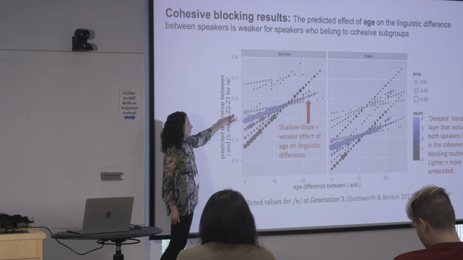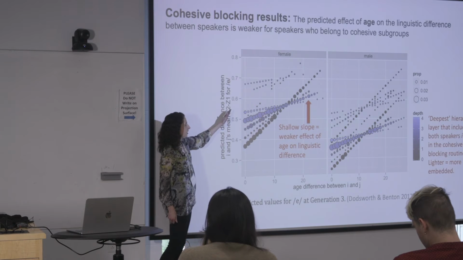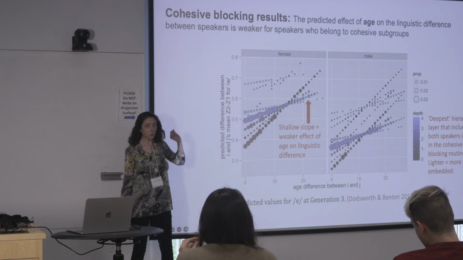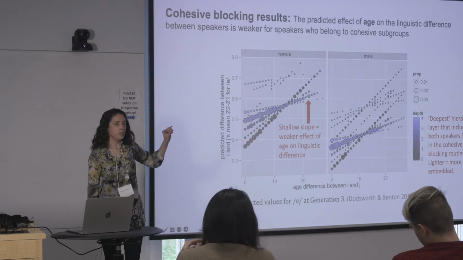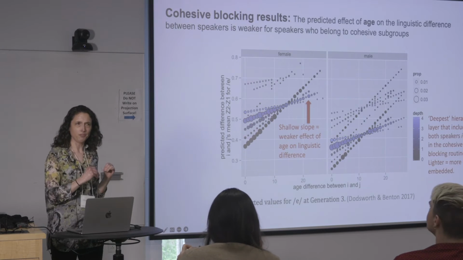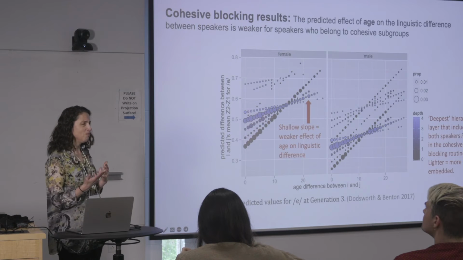And so what you can see is that the lighter colors here have a shallower slope, which means that the effect of age difference on linguistic difference is weaker for speakers who were mutually embedded at this deep level of the network. Now, what does that actually mean in this case?